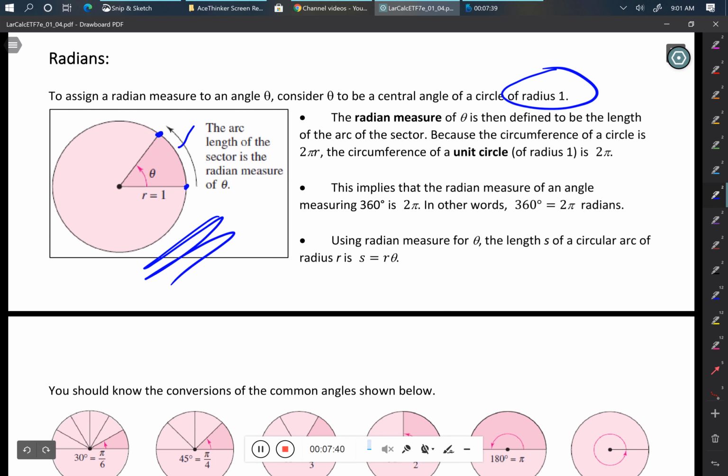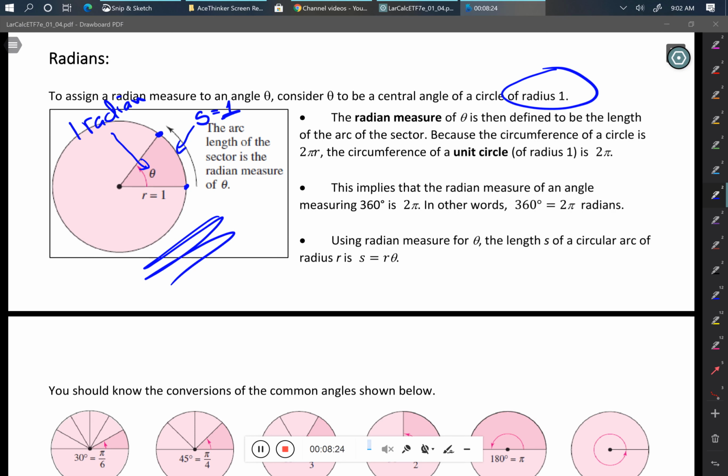So if this arc length S was equal to 1, then that angle theta would be exactly 1 radian, right? So radians are a way to connect arc length on a circle with the radius of the circle. And because we know from geometry that the circumference of a circle is 2 pi times the radius, we get this nice thing that all the way around, the number of radians to make one complete revolution ends up being 2 pi.